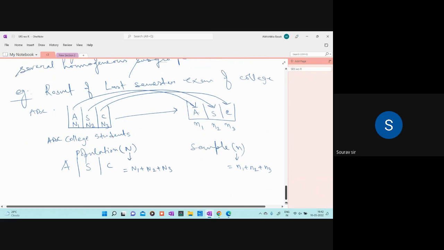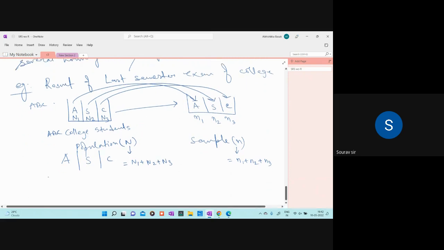And what are the characteristics? This capital N units are heteroscedastic, but N1, N2, N3 are homogeneous. And obviously, if we are taking a sample with respect to that, these are going to be homogeneous as well. This is how we have explained the stratified sampling.